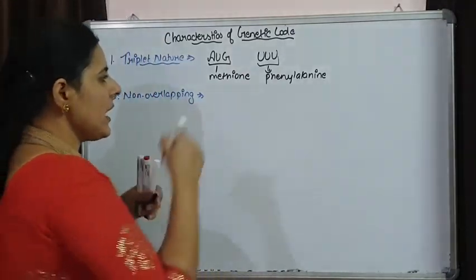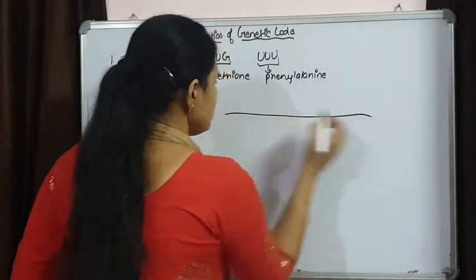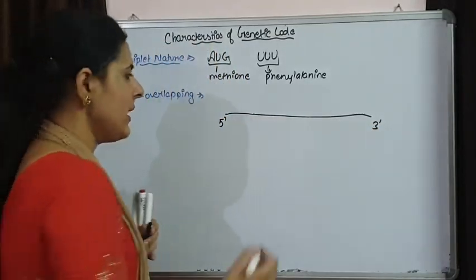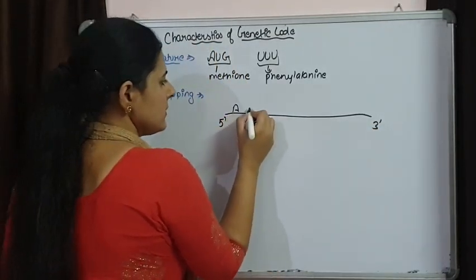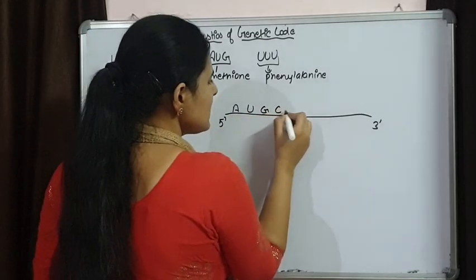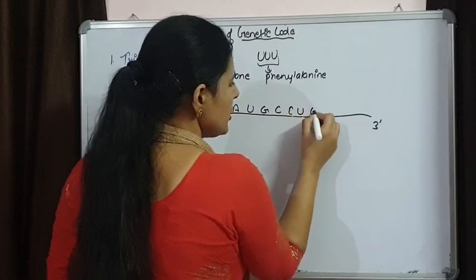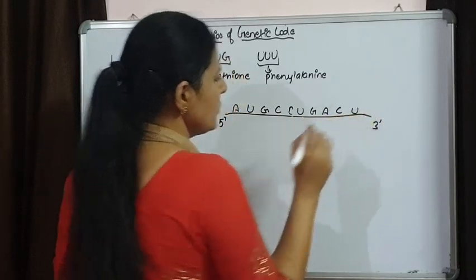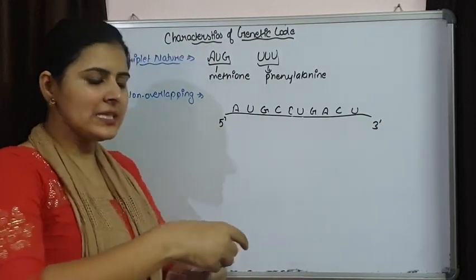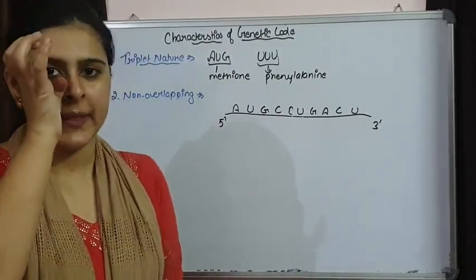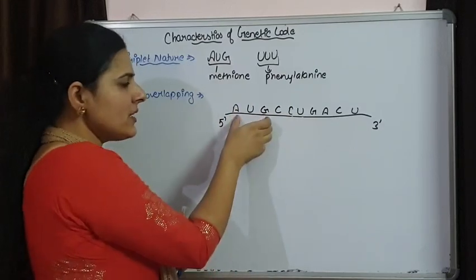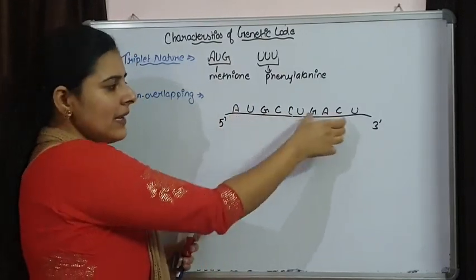Suppose I am drawing an mRNA strand in the 5' to 3' direction, and this is how the sequence is present: AUG, CCU, GAC, U. Now when protein synthesis is taking place, firstly the initiator is there, so the P site, then the A site.